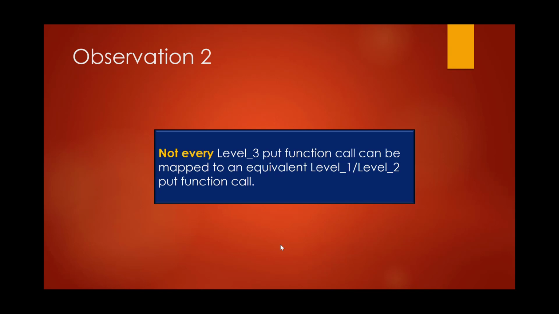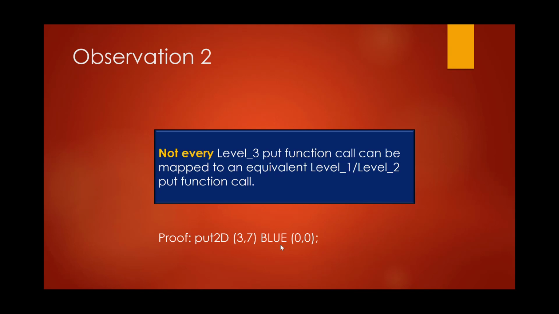Another observation, perhaps a little bit more important, is that not every level 3 put function call can be mapped back to an equivalent level 1 or level 2 put function call. And the proof for that is just by example.